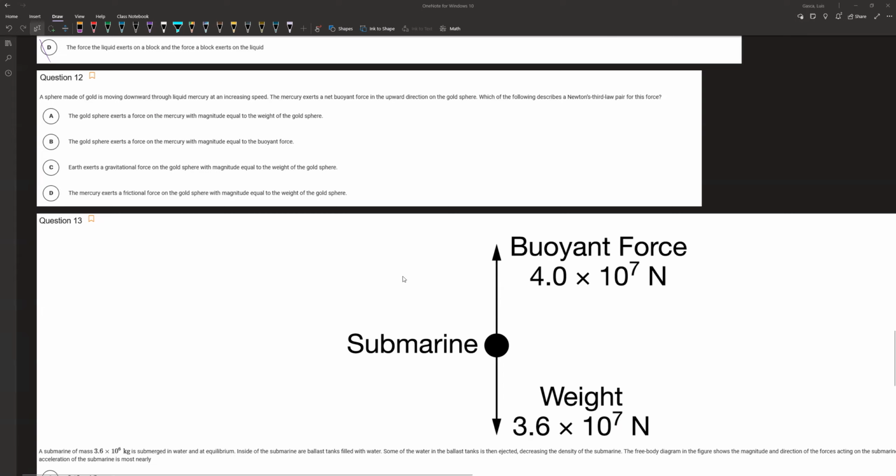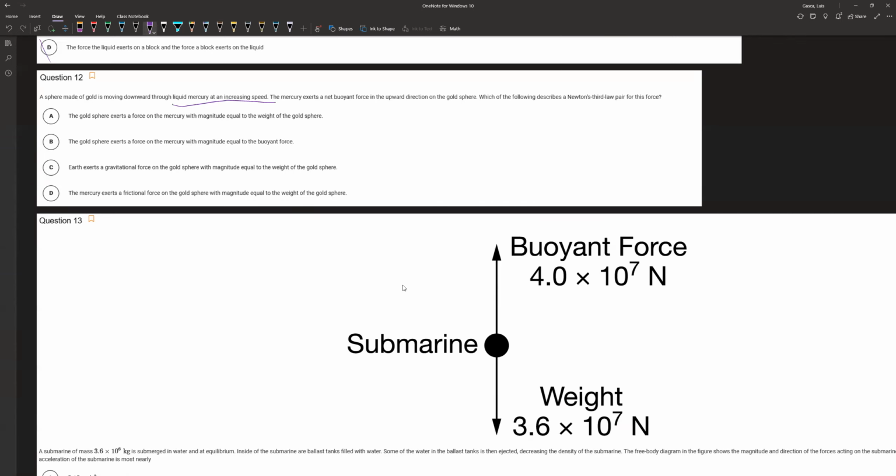So in this scenario, let's see here. The gold sphere exerts a force on the mercury with a magnitude equal to the weight of the gold sphere. That sounds pretty good. The thing is, it is moving down with increasing speed. It is accelerating.